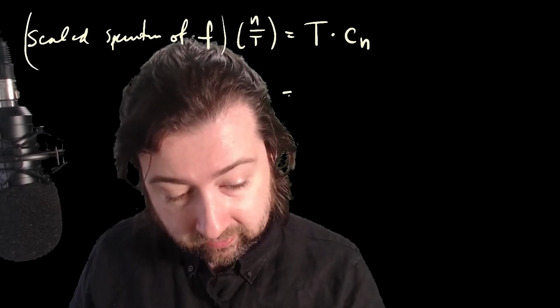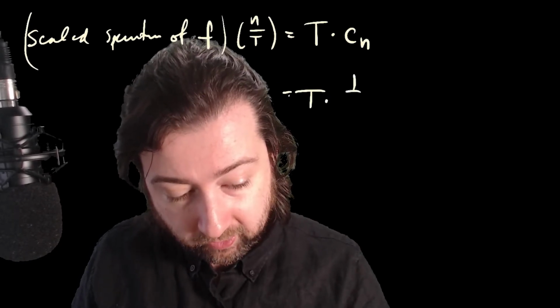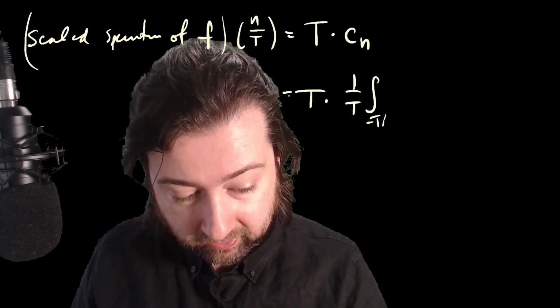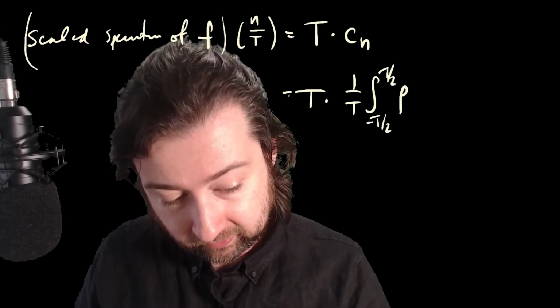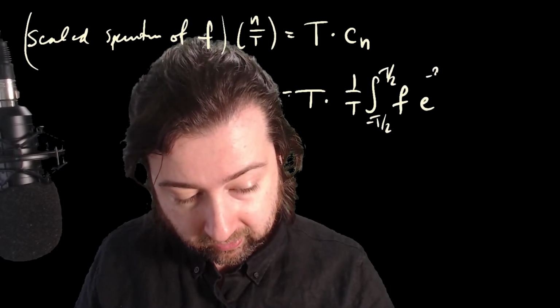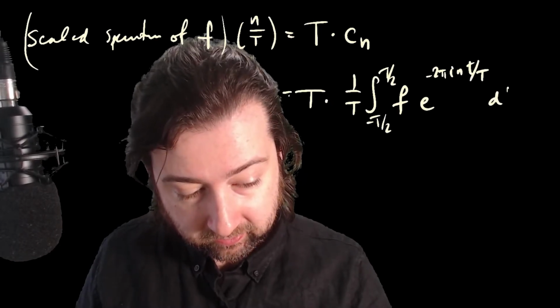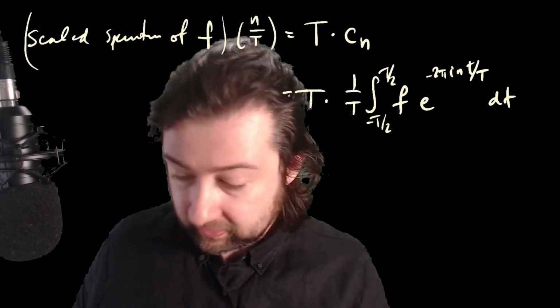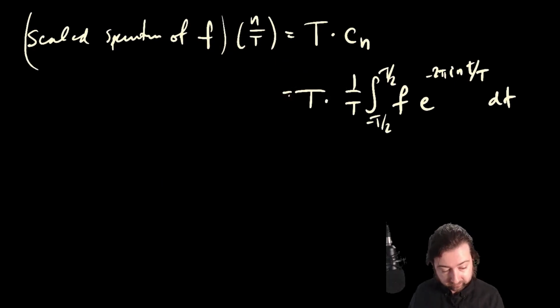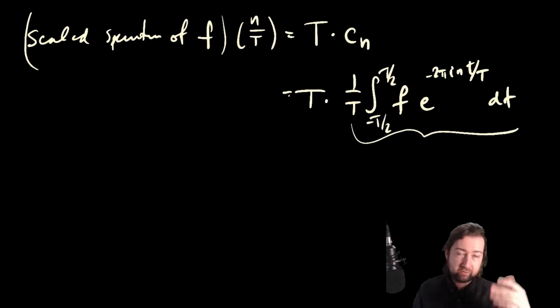Well, this is equal to T times 1 over T times the integral from minus T over 2 to T over 2 of f(t) e to the minus 2 pi i n t over T dt. But the T and the 1 over T cancel. Remember, that's the definition of c_n, right?